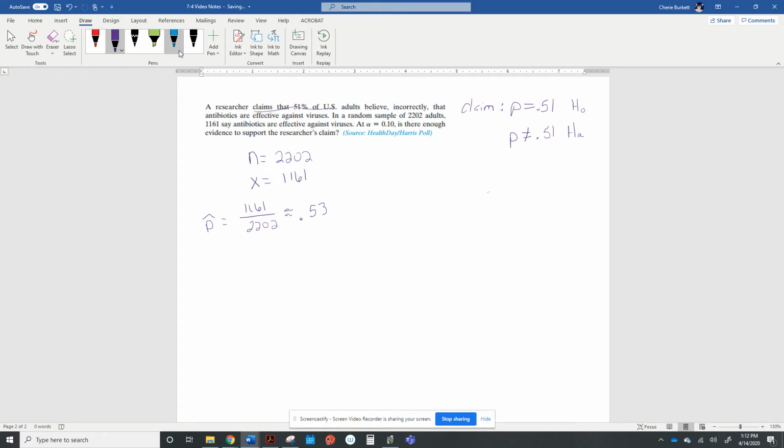Okay, so now we've got an alpha of 0.01. Next is my Z value. This is a two-tail test, so we're going to have shading on both sides. The area under here is going to be alpha divided by 2, which is 0.05.